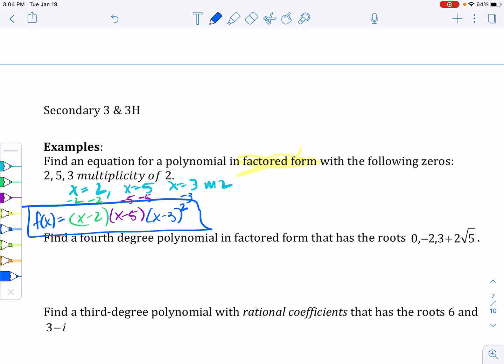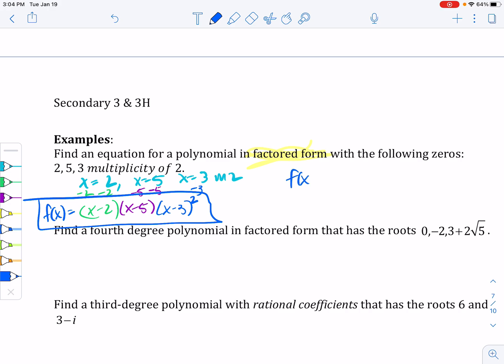Now this is not the only equation, because I could get these zeros with another equation where I have something like this, where I have 2 times x minus 2 times x minus 5 times x minus 3 squared, right? Where all I've done is change the number out in front. Okay? I could even add more zeros.